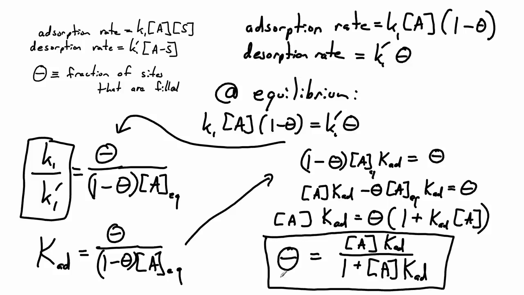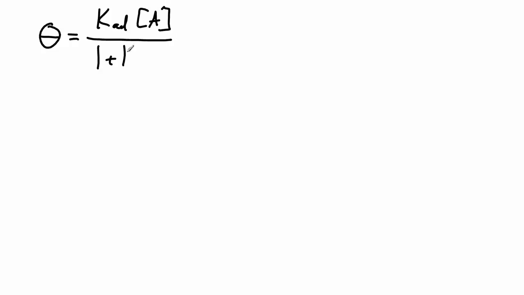So it shows us how the surface fills up, how the surface coverage varies as we increase the concentration of adsorbate. Let's look at the properties of that. So theta is equal to K adsorption concentration of A over 1 plus K adsorption concentration of A.